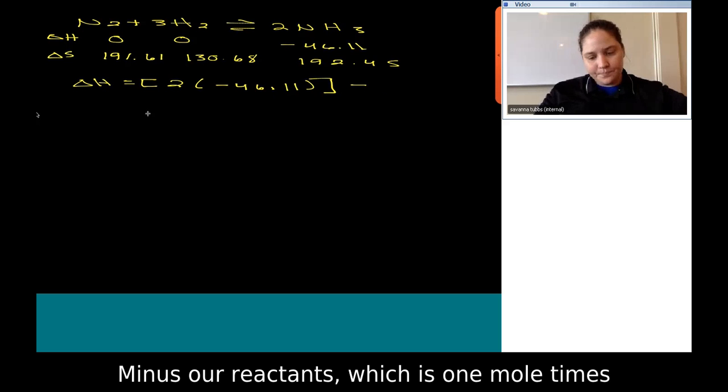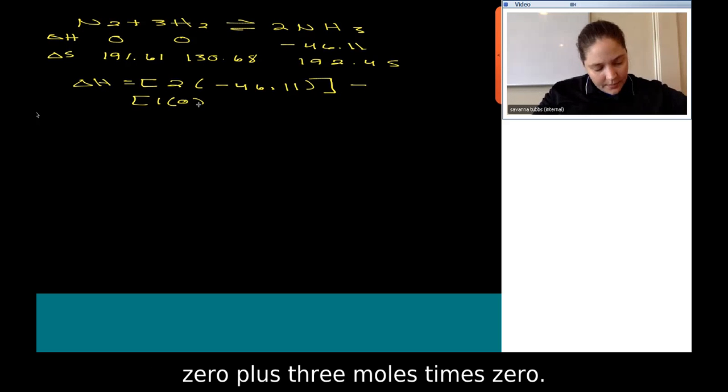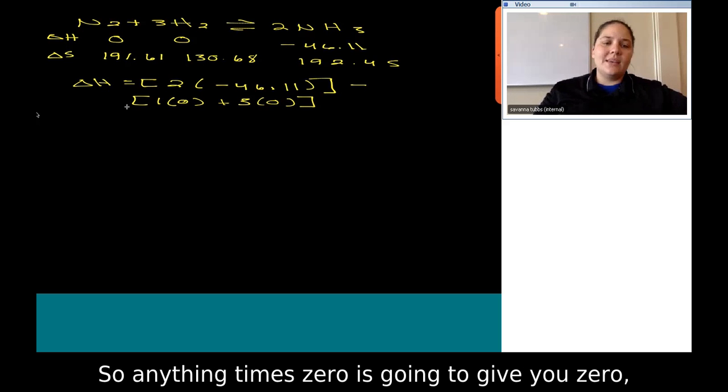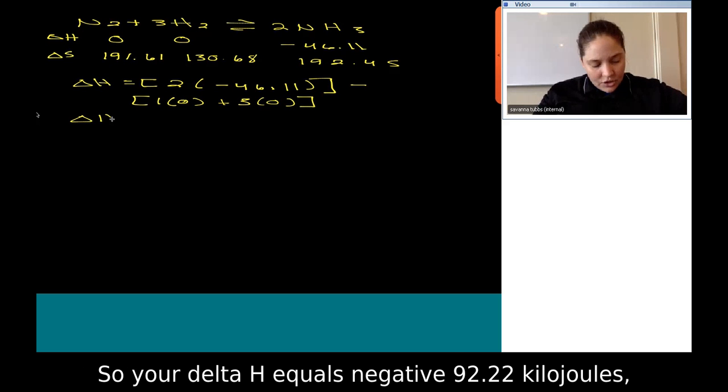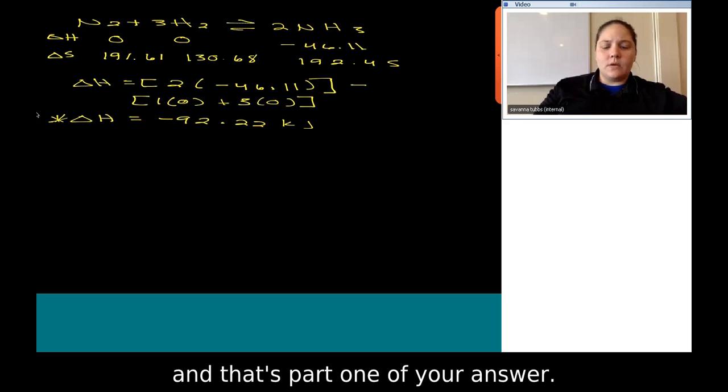Minus our reactants, which is 1 mole times 0 plus 3 moles times 0. So anything times 0 is going to give you 0. So you're pretty much just solving for your products. So your delta H equals negative 92.22 kilojoules. And that's part 1 of your answer.